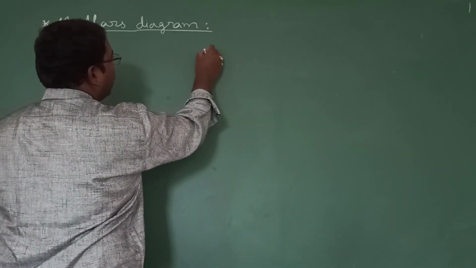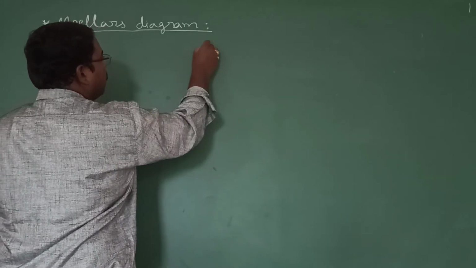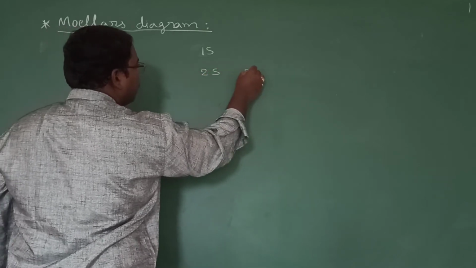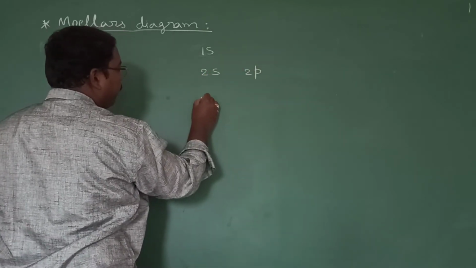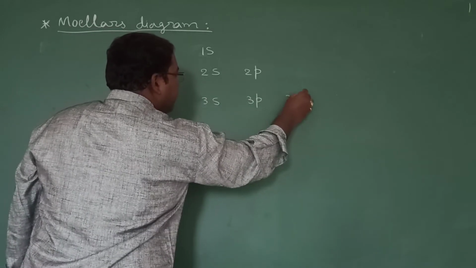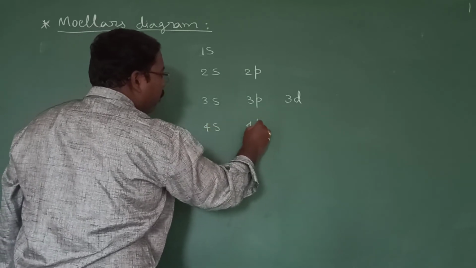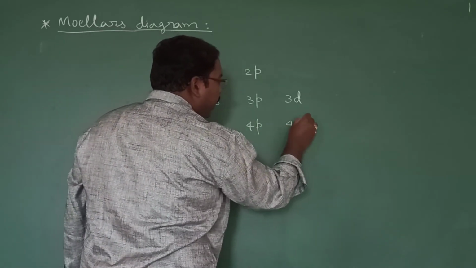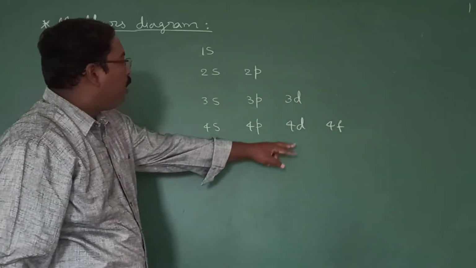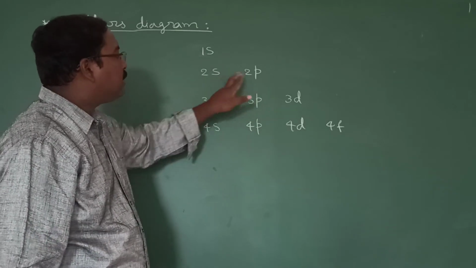What orbitals do we have? 1s. In the second orbit we have 2s as well as 2p. 3s, 3p, next 3d. 4s, 4p, 4d, as well as from the fourth orbit we have f. The first orbit we have only s. Second we have s and p.